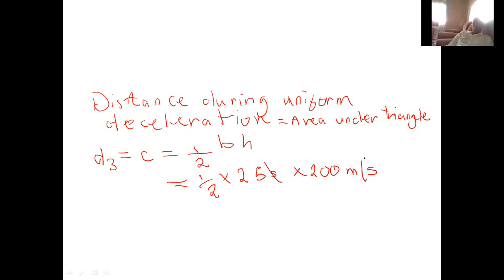So we can cancel out the seconds there and divide 2 here, 1, 2 there, 100. And therefore our distance would be 2,500 meters.